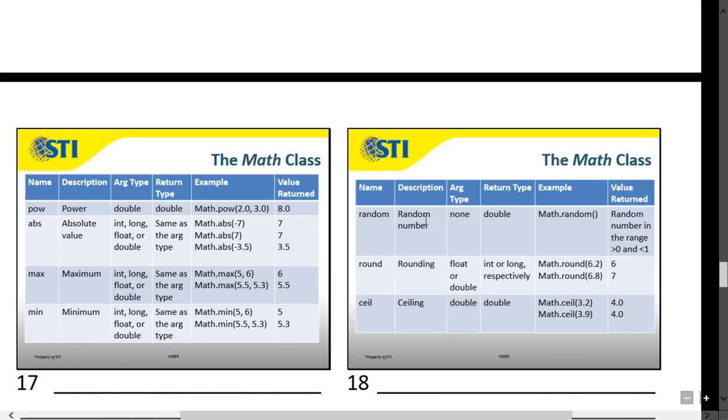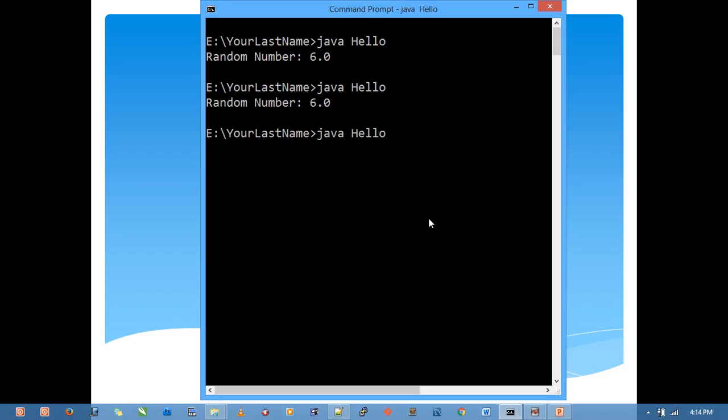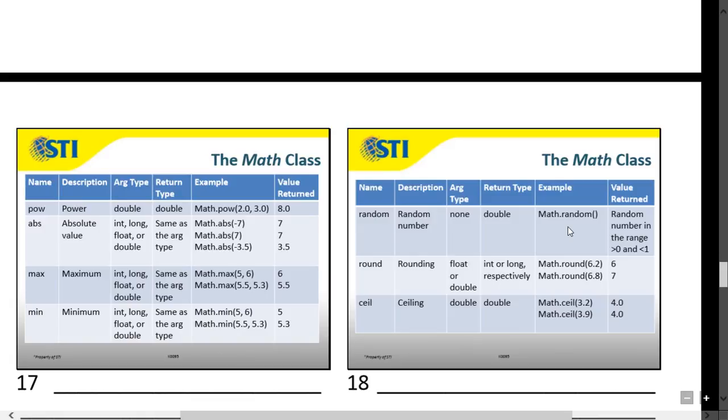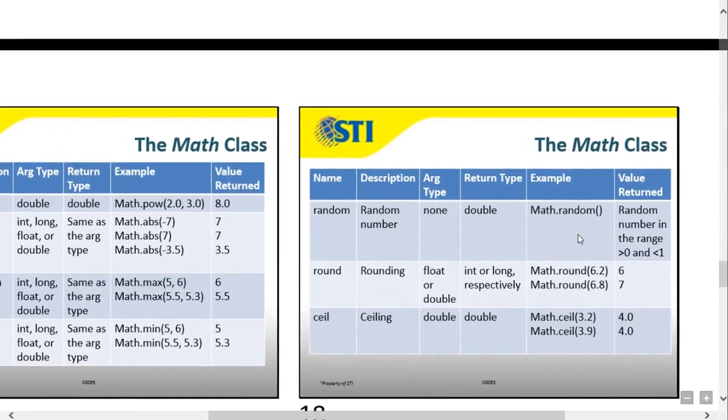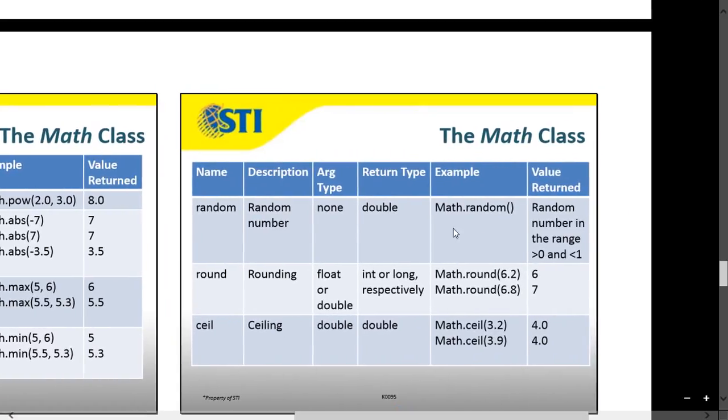Okay, so now let's go to the random number, because it is what I have shown you here. I'm using it to create that program. So we have here the random function, which could be called through Math.random.